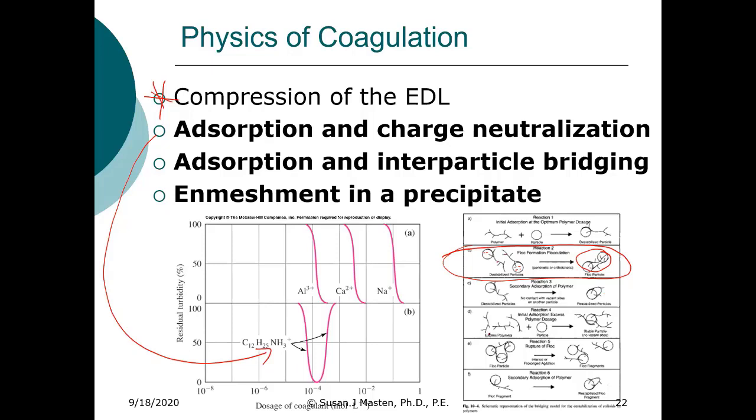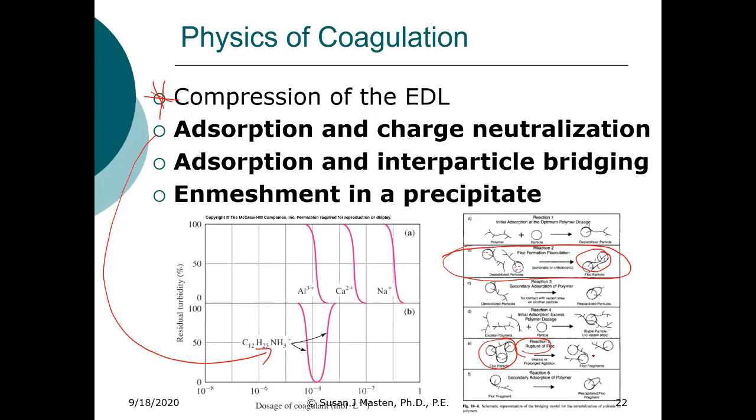You can add too much of it, and you've got all these other ends, and now you restabilize your particle, or in this case, you rupture the flock. So you form the flock here. It should settle, but in the flocculation system, if your mixing is too intense, you break apart the particles and now you restabilize it. So those are just some of the mechanisms that we have to be very careful of.